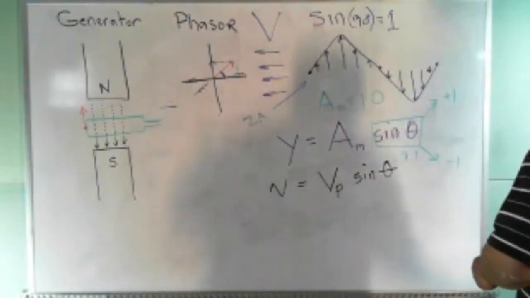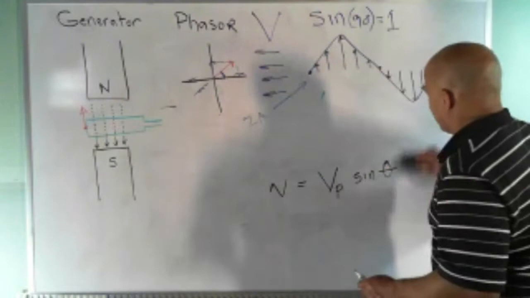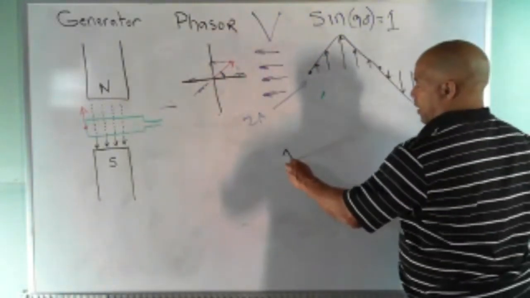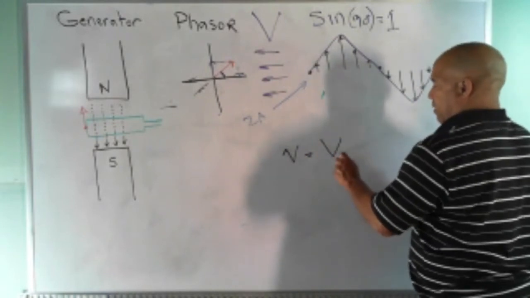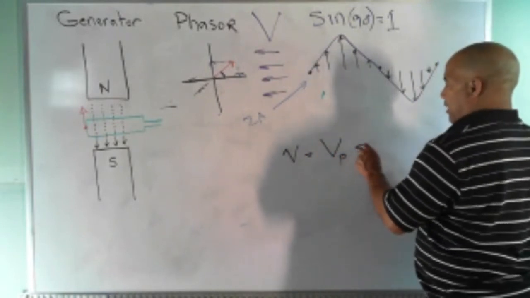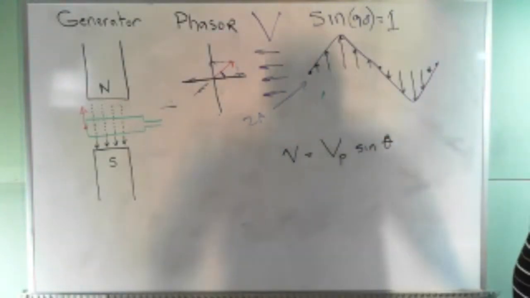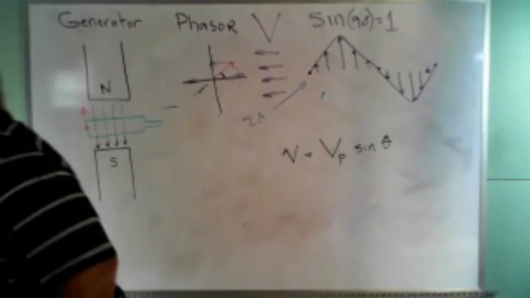So let me clean this up a little bit and we'll talk about it. V script is VP sine theta. So here is the expression that we will use for AC.